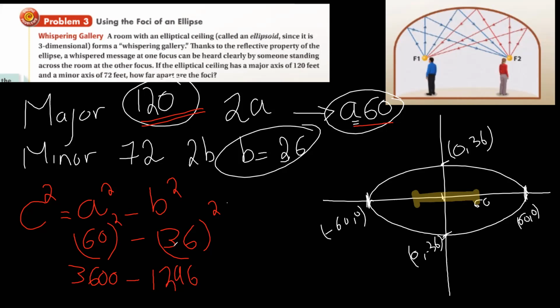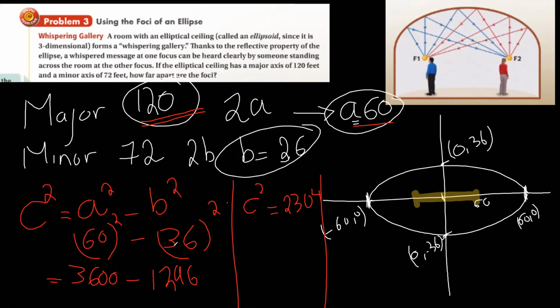So C squared, after you subtract them, you will find that C squared is equal to 2,304. Square root. Teacher, it is 2,354. How? I tried in the calculator.